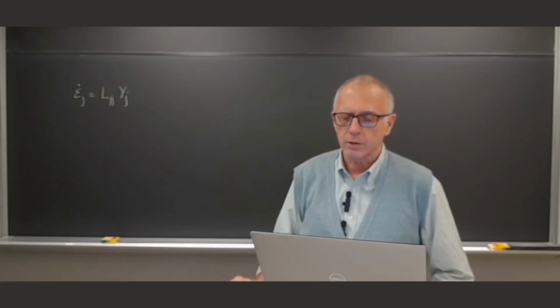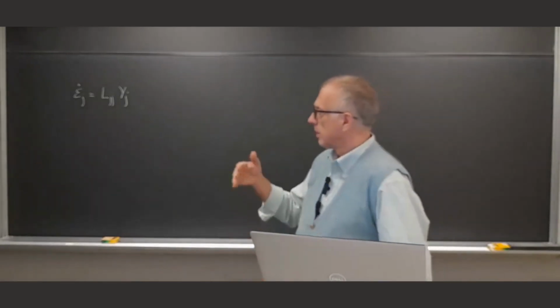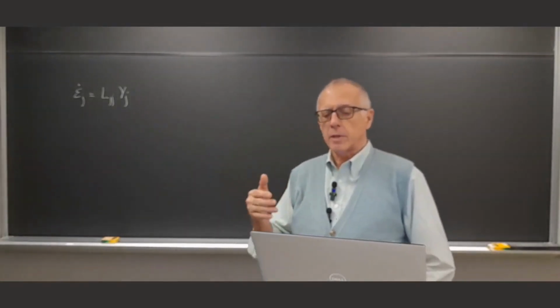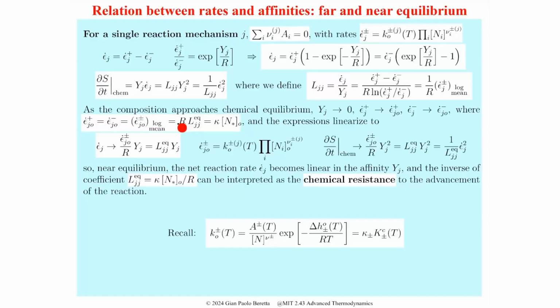In the Taylor series expansion, you have to take the constant terms and evaluate them where you do the expansion about. And in this case, it's when the affinity is equal to 0. And when the affinity is equal to 0, the epsilon plus and minus tend to the same value, which is epsilon 0, the equilibrium value, so since they are equal, also their mean, even the logarithmic mean, is equal.